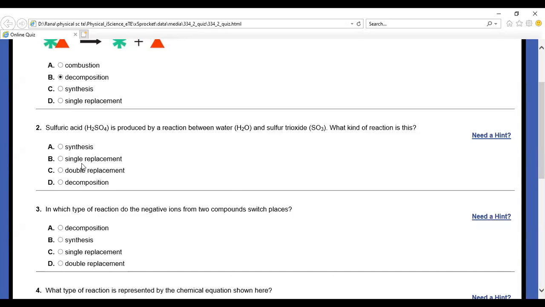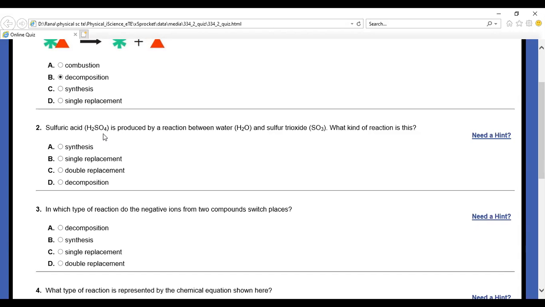If it's single replacement, which element replaces the other? Sulfuric acid, H2SO4, is produced by reaction between water and sulfur trioxide. Let's think together, Fadia. Where is the product? H2SO4, that is the product.